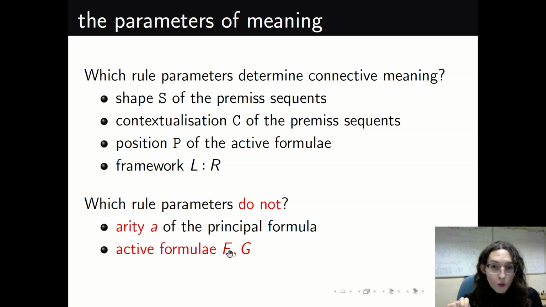Secondly, what exact active formula you have doesn't affect the meaning of the connective and the use as an intermediary. So whether your F is A or your F is B or your G is A or your G is B. So what do our results look like in detail? Remember, we started off with maximum generality. We considered just any connective we could possibly define in two-dimensional sequent calculi.